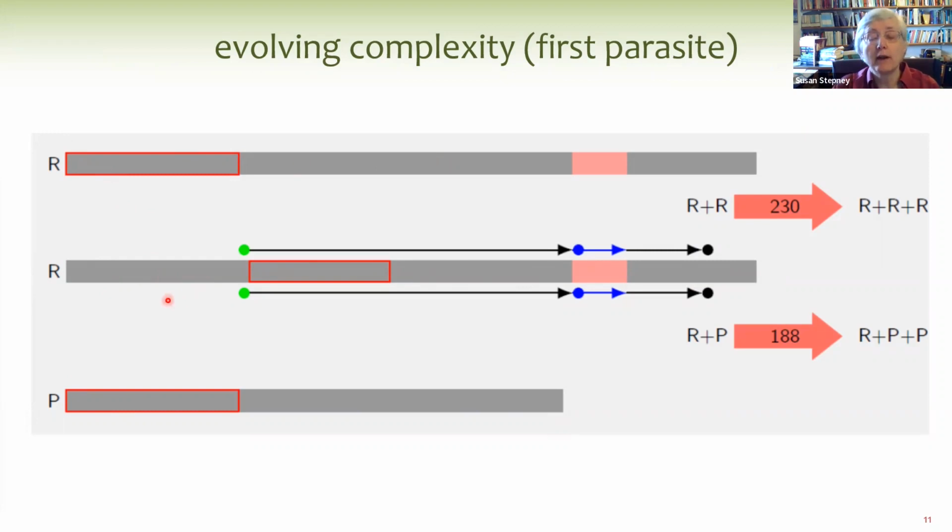Okay, so very close to the beginning time, you have a replicator here. It binds at this point to this string here. And the black line indicates the control flow of the program as it executes. So it starts executing here at the beginning of the binding site.